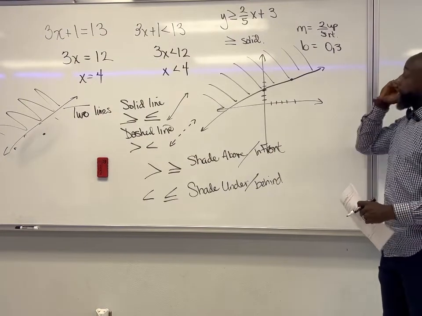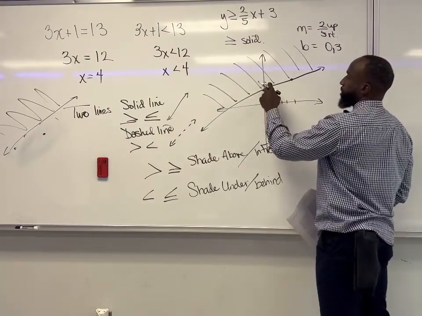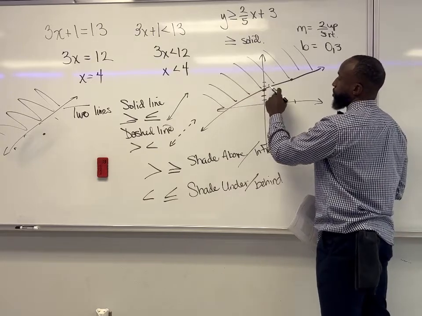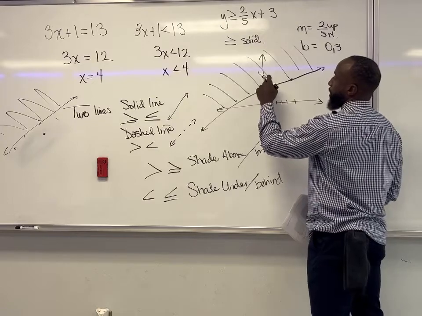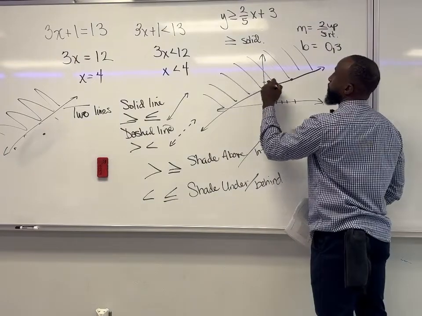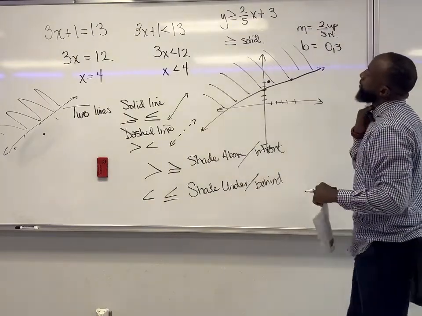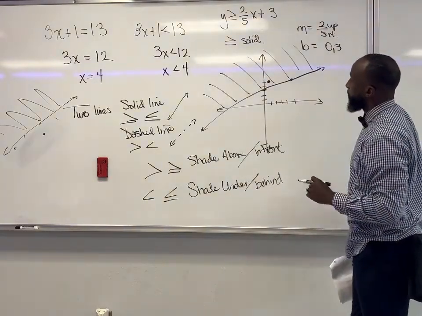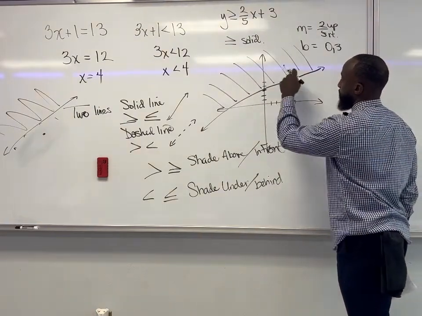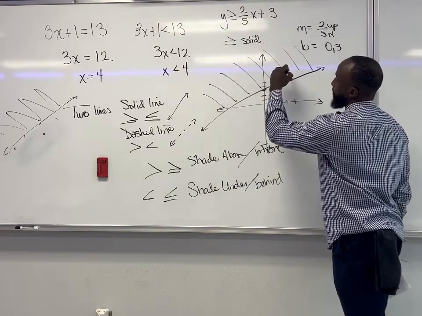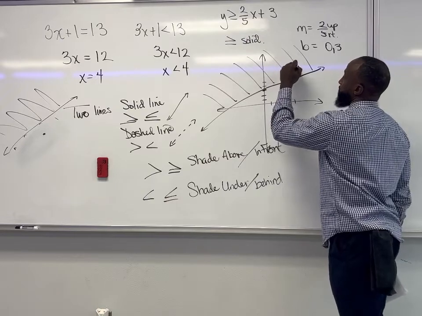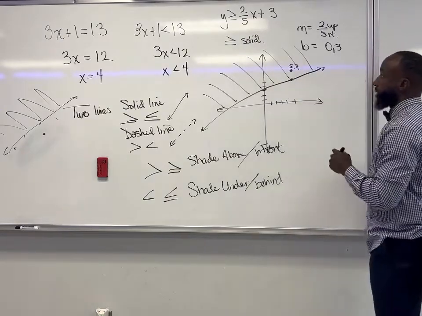So if this is at y equals 3, and this is 2, we can put a point at, let's test it, 5, 7. 5, 7, right? And we can test that. Let's see what it says.